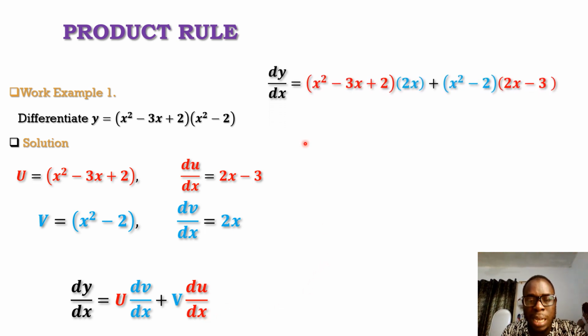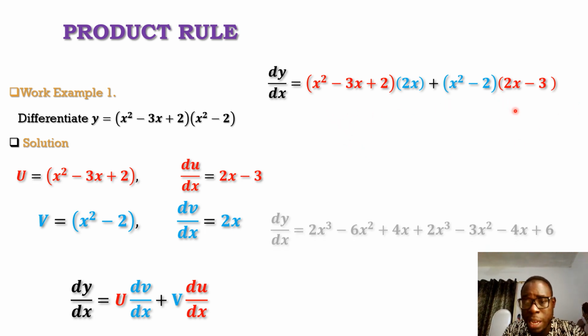So we just substitute. dy dx will be equal to maintain the first function, which is u, times differentiate the second function, which is 2x, plus maintain the second function, which is v, times differentiate the first function, which is 2x minus 3. The next step is for you to expand and simplify this expression.